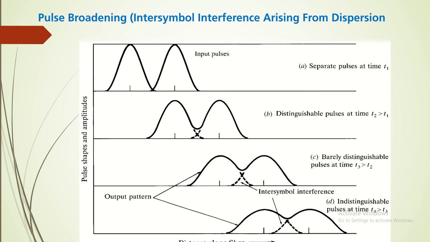So the second diagram shows indistinguishable pulses at time T2 greater than T1. And of course the third diagram shows when T3 is greater than T2, again the pulses can be indistinguishable. So this leads to ISI. So when a pulse travels for a long distance, if pulse spreading occurs, that leads to ISI in your optical fiber.